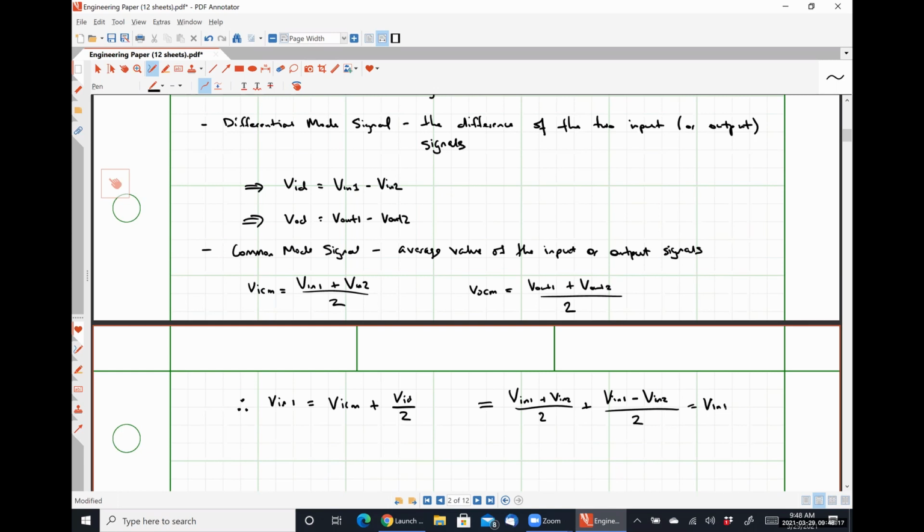So I'm just decomposing it into a common mode and differential mode signal. And I can do the exact same thing and say that VN2 is simply VN common mode minus VID, the input differential signal, over 2.